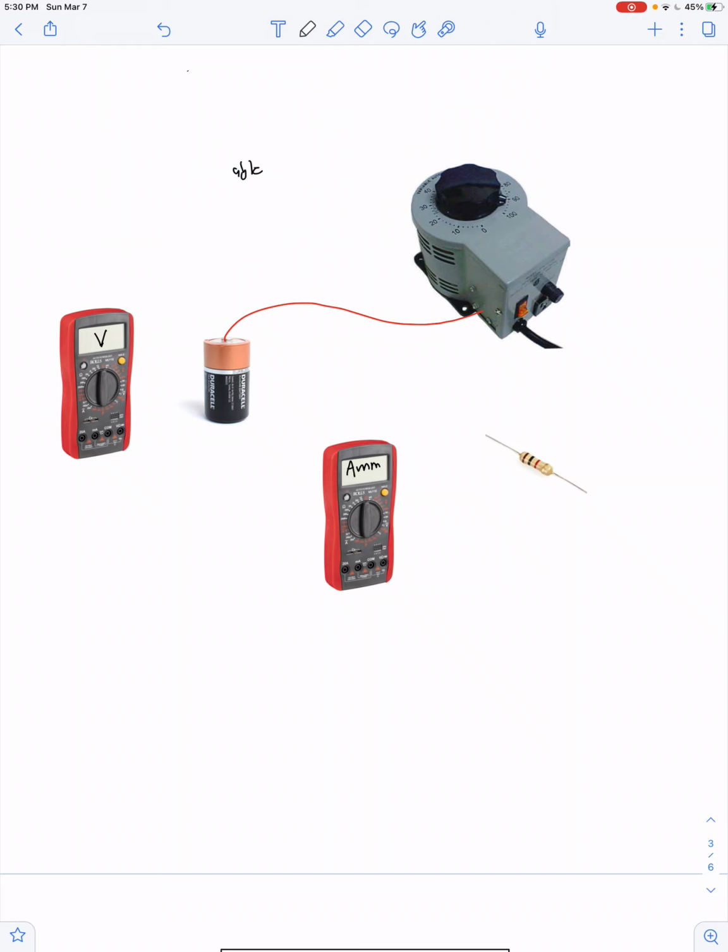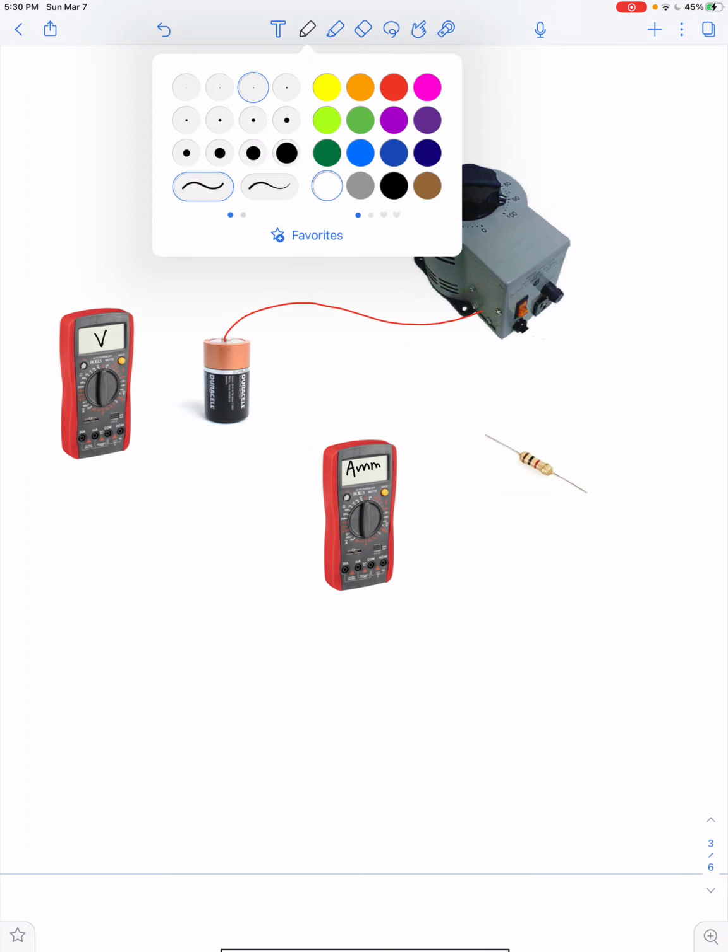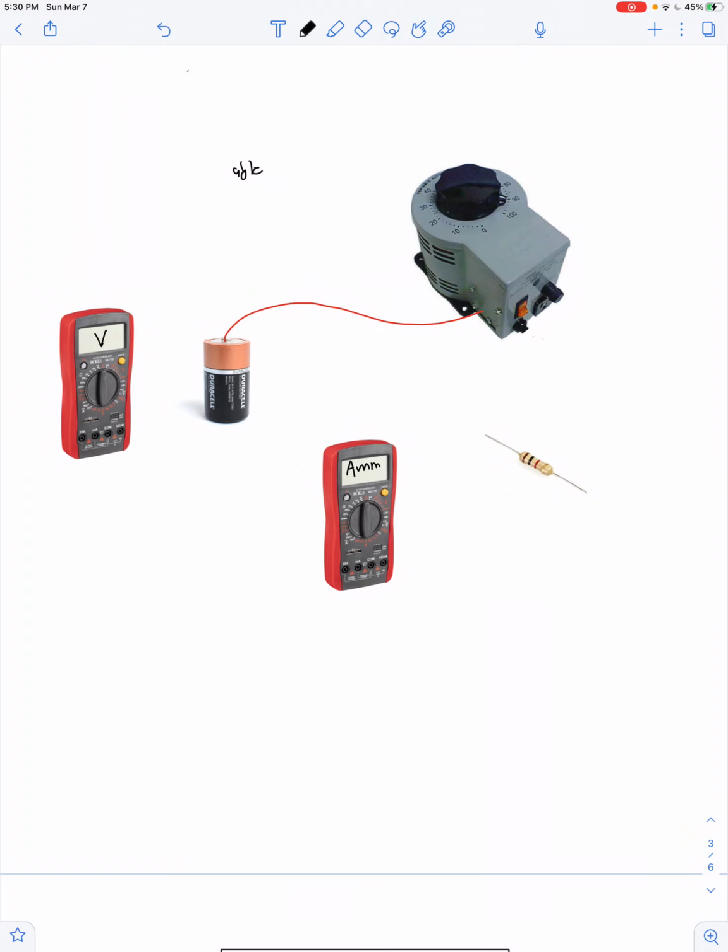Let me fix this up a little bit. Okay, there aren't really obvious inputs for this variable resistor, but anyway, we'll draw it just like this. Okay, we're just going to make one series loop out of almost all the components.